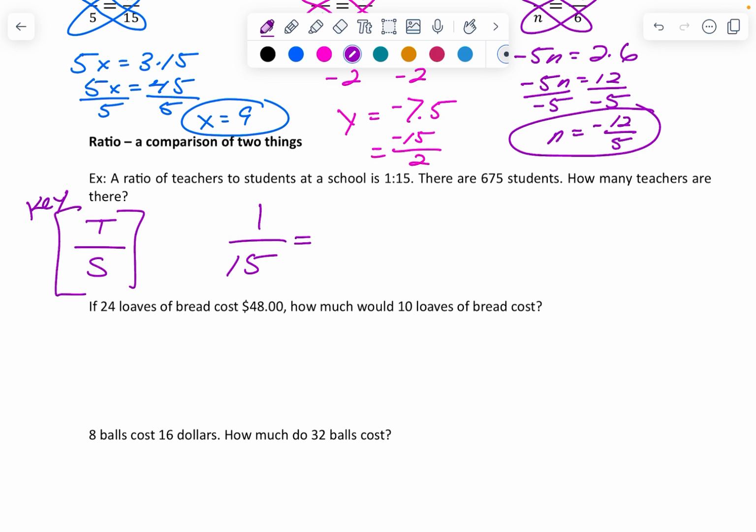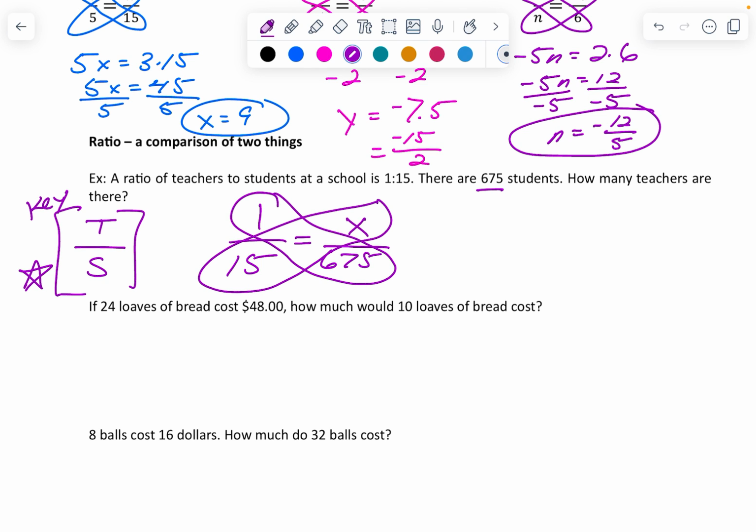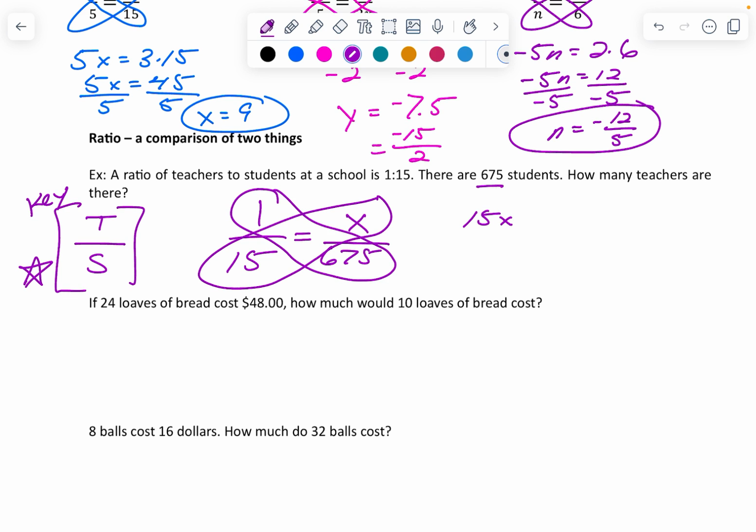So this is going to be equal to, again, teachers on top, students on the bottom. It says there are 675 students. So those numbers are going to go on the bottom, just like in our key. So teachers on top, students on the bottom. Now that we wrote this, assuming teachers and students will be staying in this ratio, we're going to have 15 times x is equal to 675.